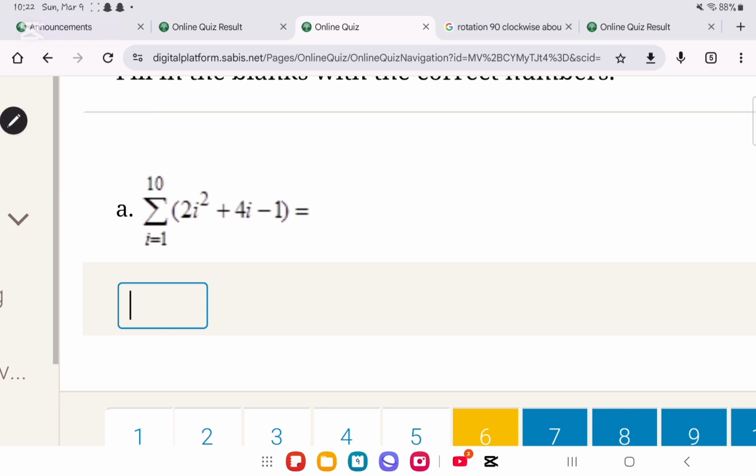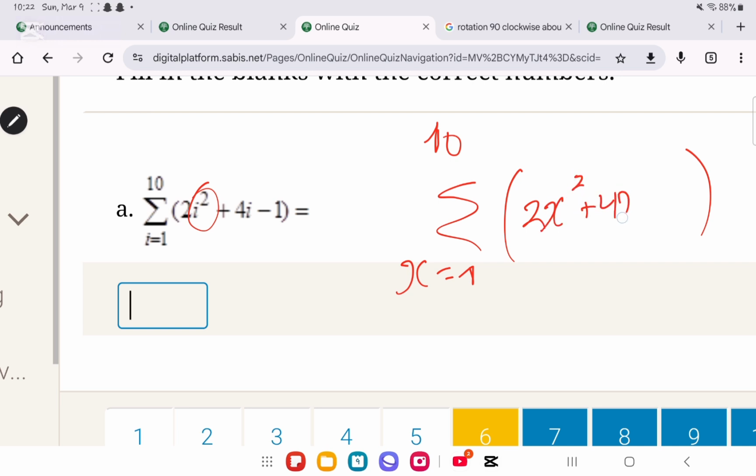So on the calculator, you're going to do shift log. On the top part of the calculator, you are going to put 10. The bottom part, x is equal to 1. Now in the brackets, first of all, 2i squared becomes 2x squared plus 4x minus 1.